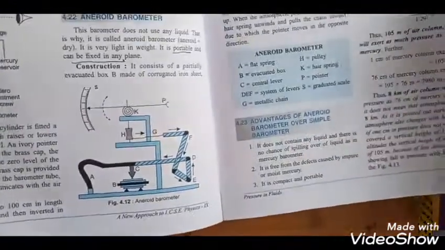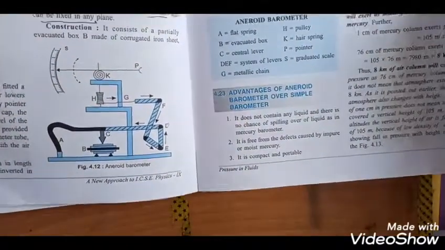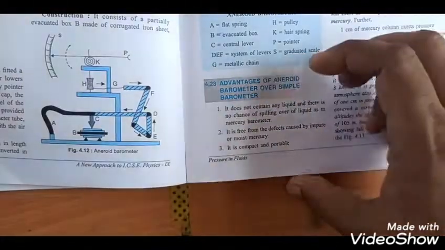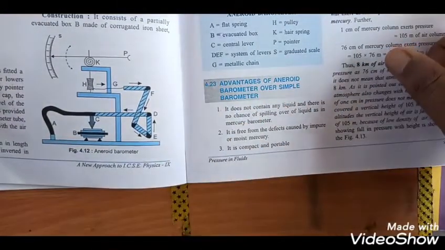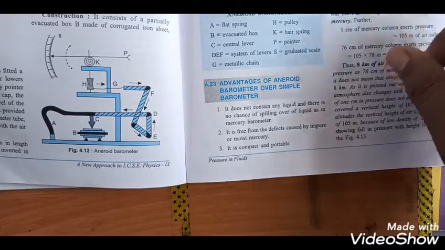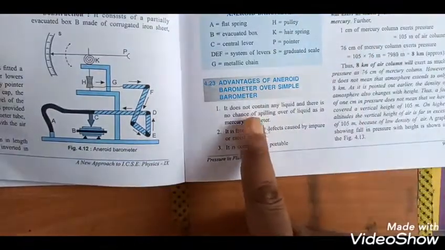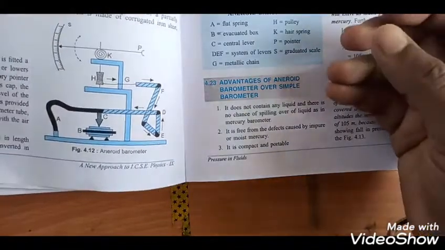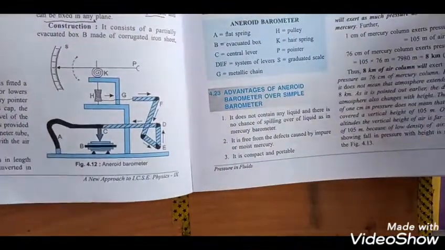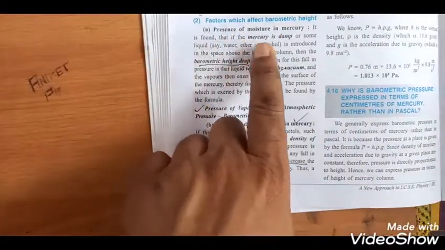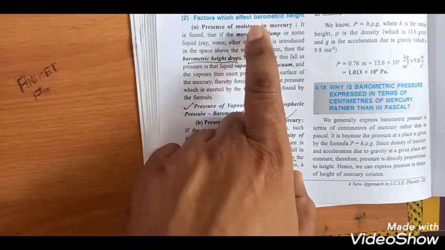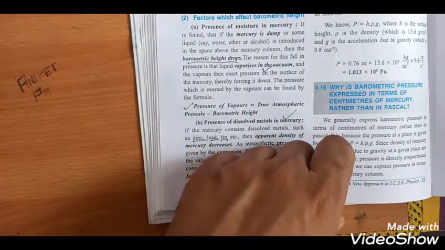Right? Now, there are also advantages of the aneroid barometer. The disadvantage, I have already told you, is that it is not highly accurate. The advantage is that it does not contain any liquid, so there are no problems related to liquid. See, among the factors which affect the barometric height are moisture and impurity. That is a problem of mercury only, because mercury can absorb moisture.